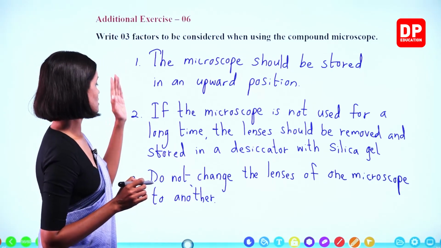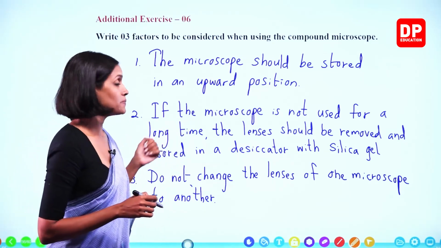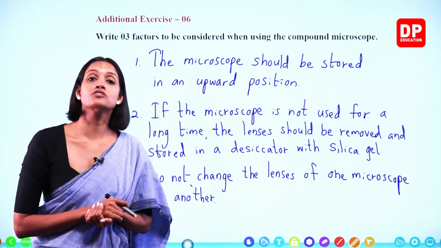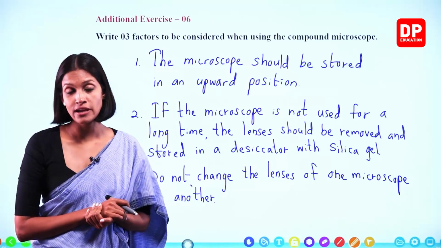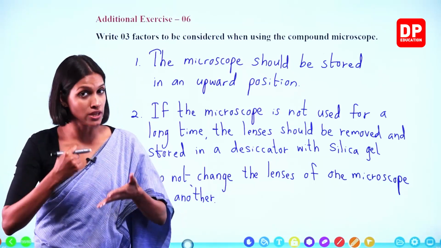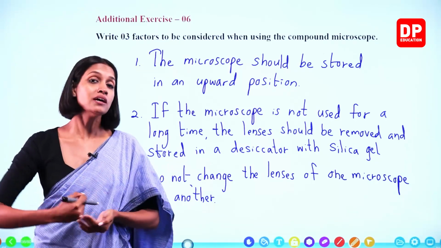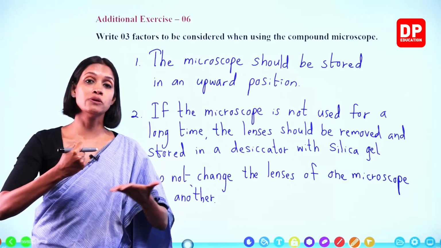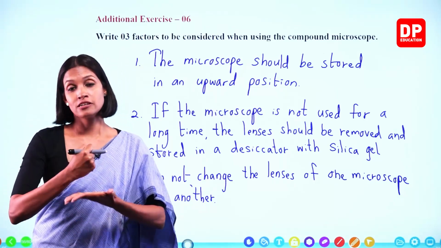Right, you have to write only 3, but there are other examples as well. So after using, you have to clean the stage of the microscope with a clean piece of cotton, right? When you carry, there's a certain way that you have to carry. You have to use both hands because it's a heavy object. One hand should be used to hold the arm and the other hand should be placed under the base.